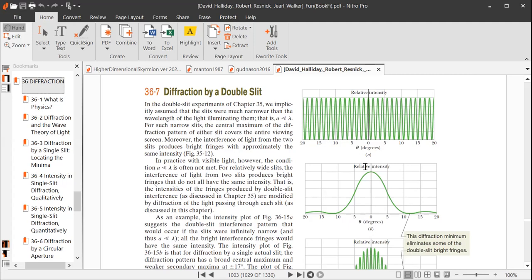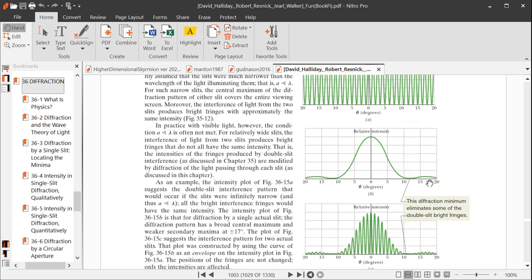So we have this interference and this diffraction. Diffraction by double slit means we take the multiplication of the diffraction effects times the purely interference effects. This is the result of this multiplication.